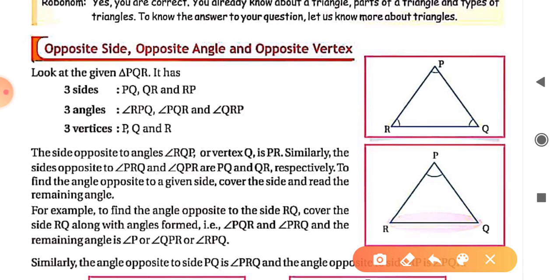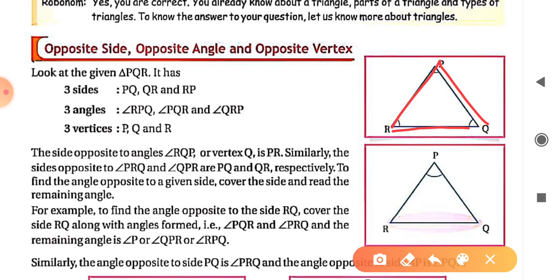First of all, look at the given triangle PQR. There are three sides of this triangle: PR, RQ and QP.